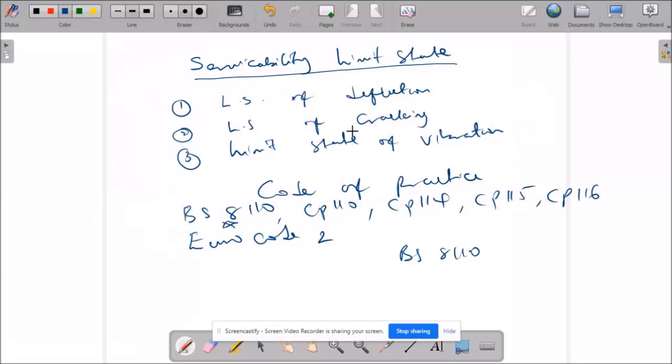In the year 2004, BS 8110 was replaced by Eurocode 2, which is known as EN 1992, or EC2.